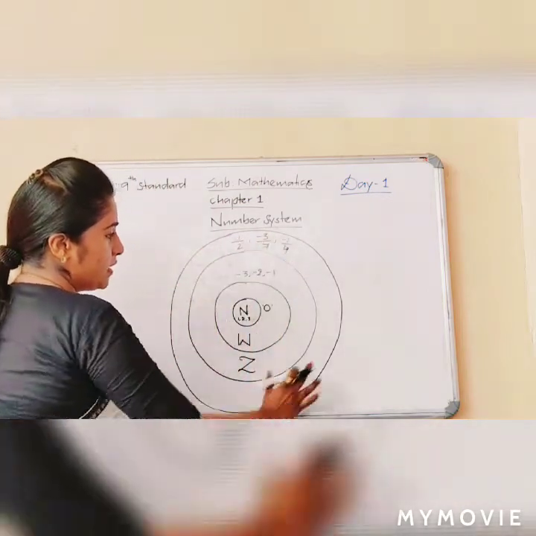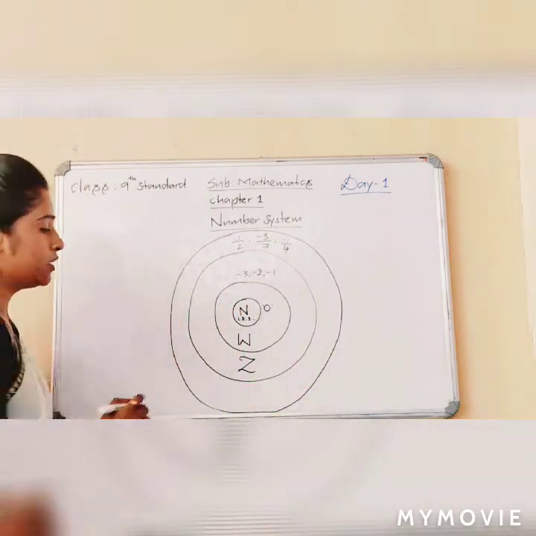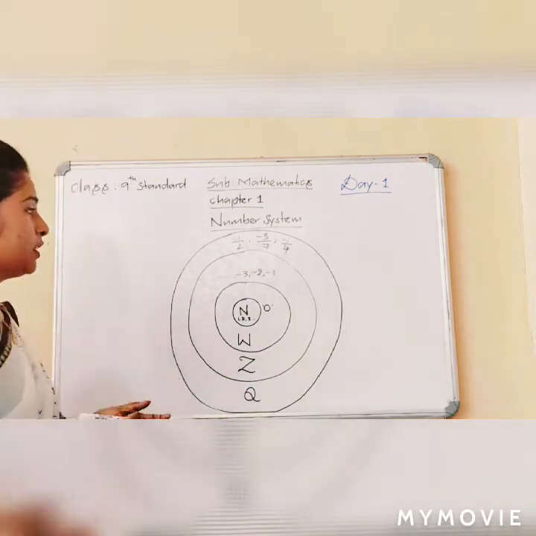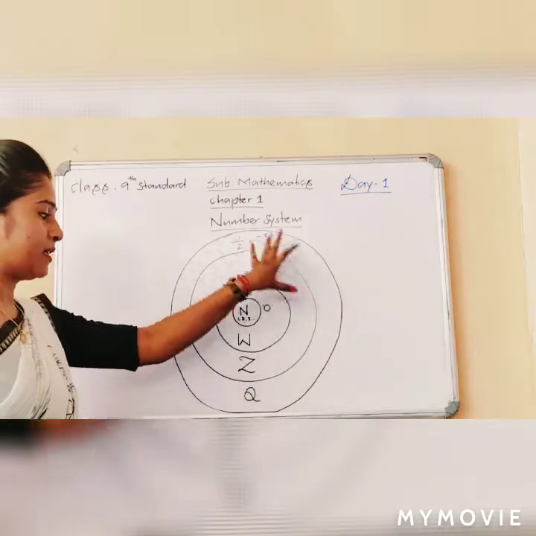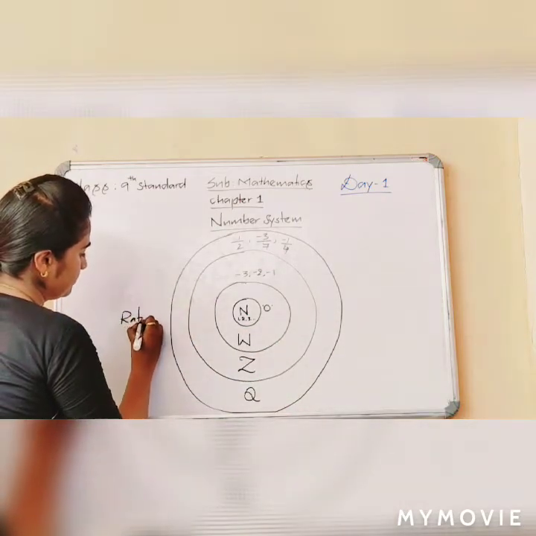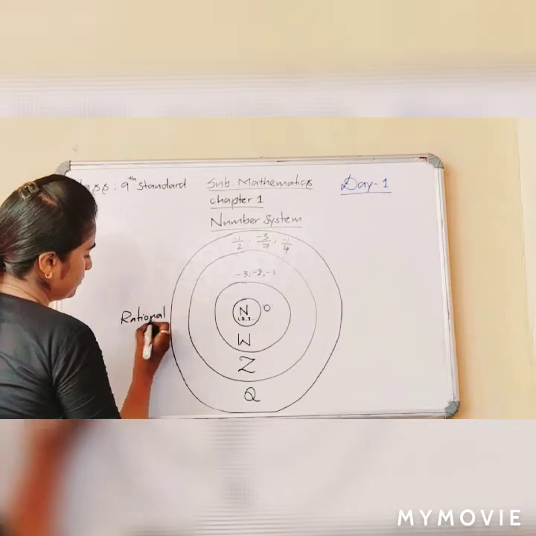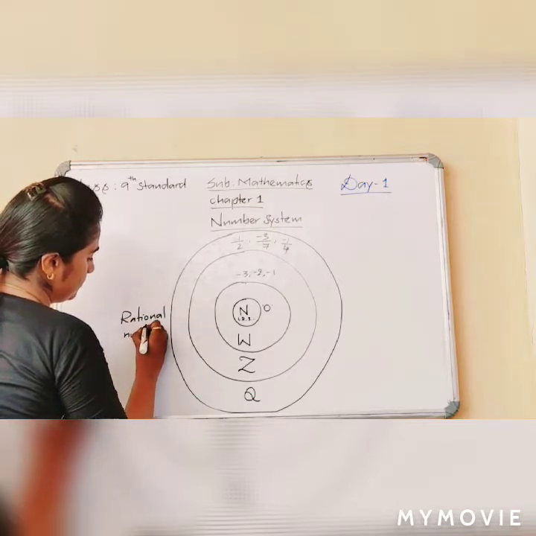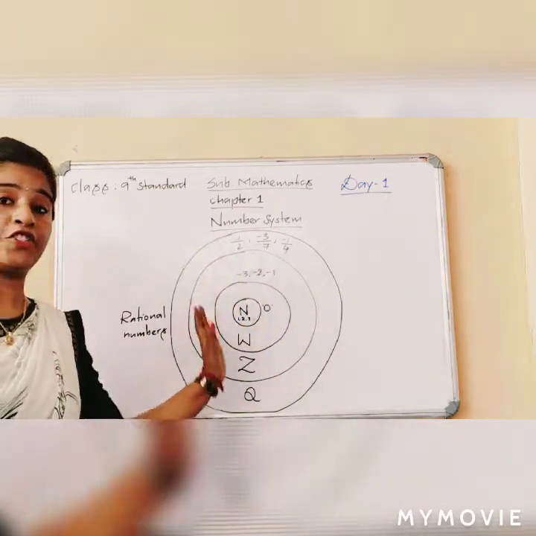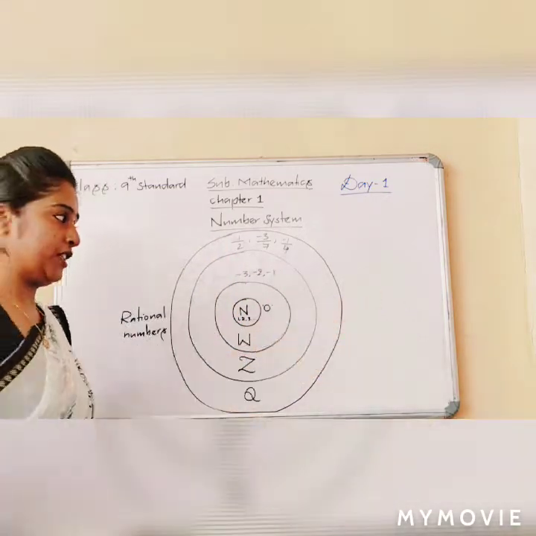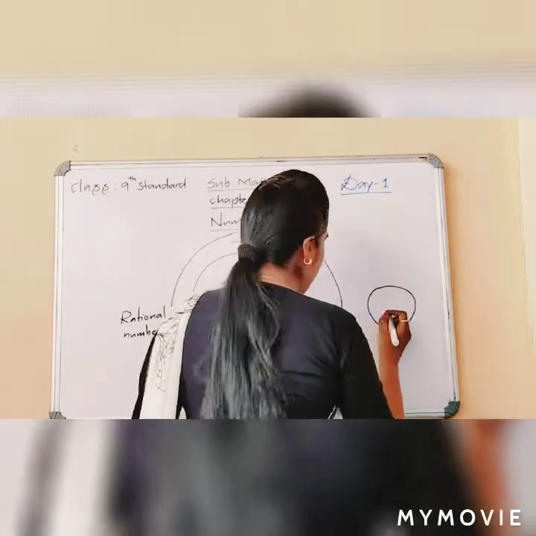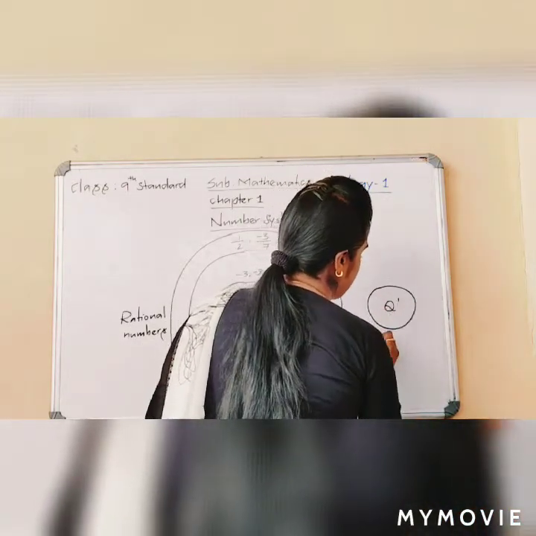These numbers are rational numbers, isn't it? The numbers which are not rational numbers are said to be what? Irrational numbers.